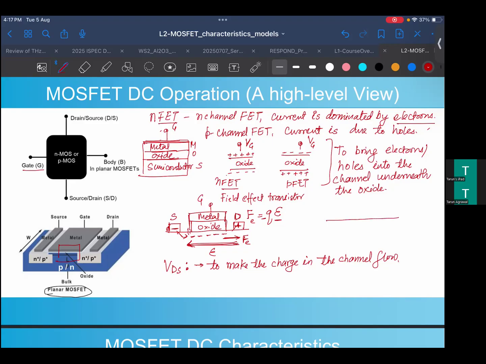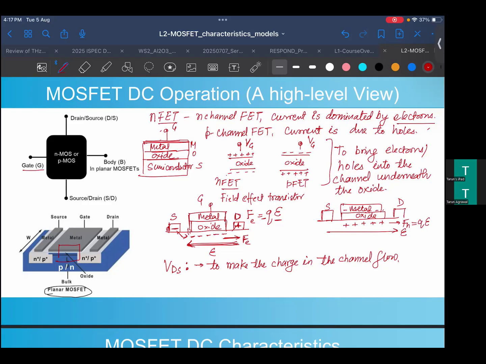Now for a PFET, this is the metal, right? And we have applied negative on the metal, so that's why you are getting positive charge here. Now if you want your positive charge to flow from source to drain, then your electric field has to be in the same direction, because the force on the hole is QE.